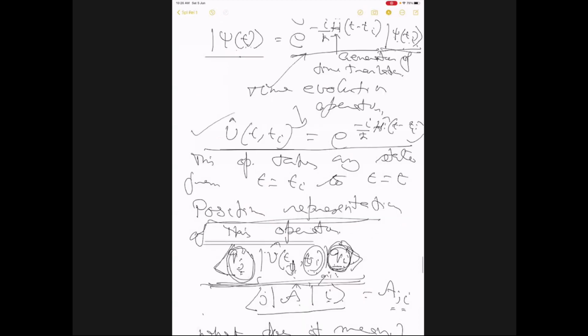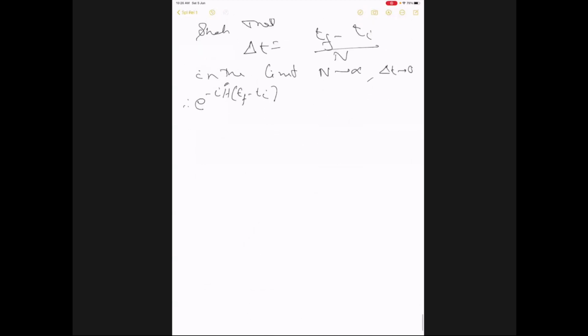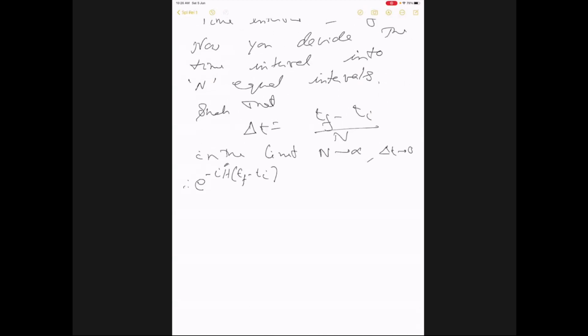So I am now taking that time evolution operator, and I write this as e to the power minus iH n times delta t, which is of course e to the power minus iH delta t times e to the power minus iH delta t dot dot e to the power minus iH delta t.